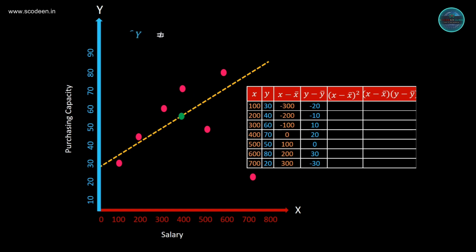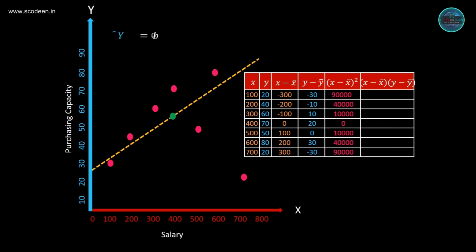The next column represents x minus x bar whole square. It is very easy. x minus x bar is minus 300, whole square is equal to 90,000. A similar method we can use to calculate every row. Let's analyze the next column, that is x minus x bar whole multiplied with y minus y bar, that is minus 300 into minus 30, that is 9,000.